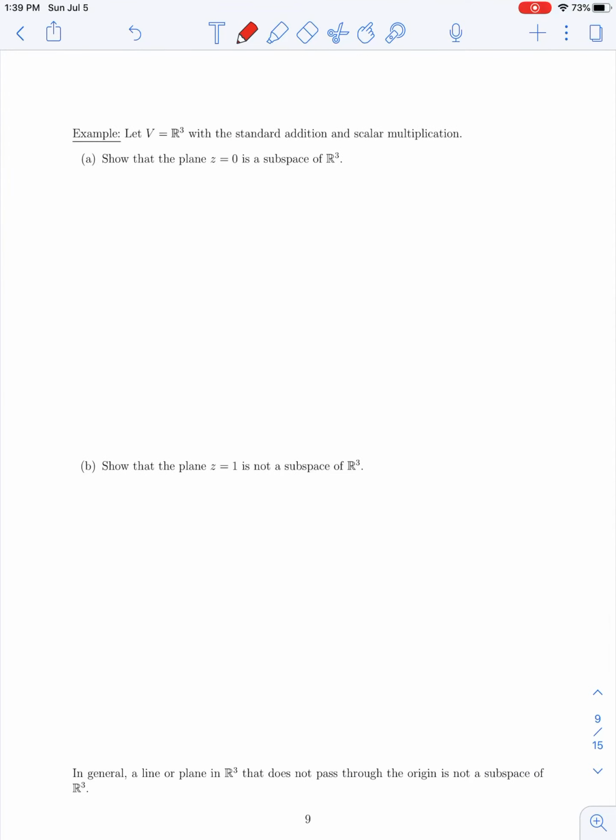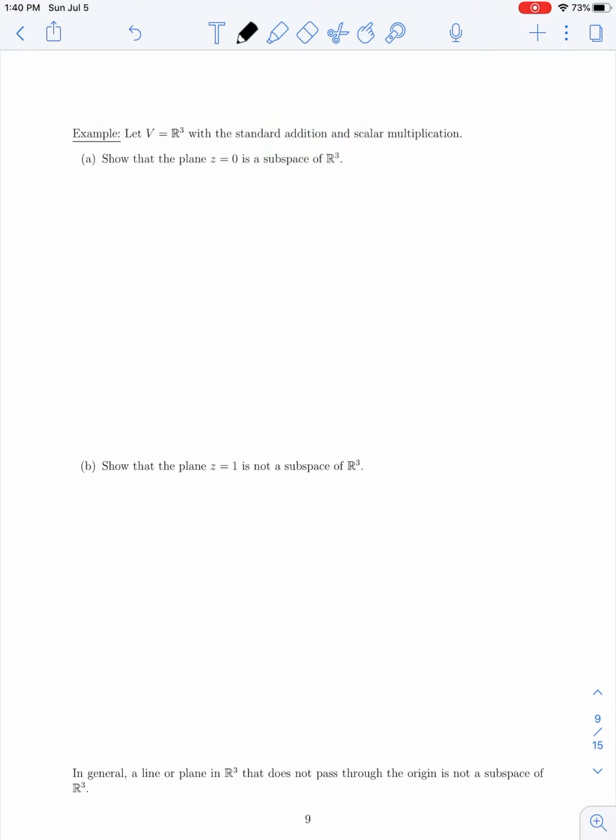So let's consider another example, fairly similar to the last one. Here we're considering the space V equals R3 with the standard addition and scalar multiplication defined. In part A, we're supposed to show that the plane z equals 0 is a subspace of R3.